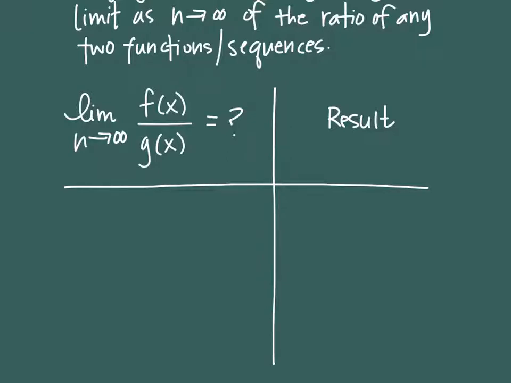If you take the limit of the ratio of those 2 functions and you get a number, L, an actual viable number but L can't be equal to 0, so it has to be some non-zero constant, then the conclusion is that the functions have equal growth rate.